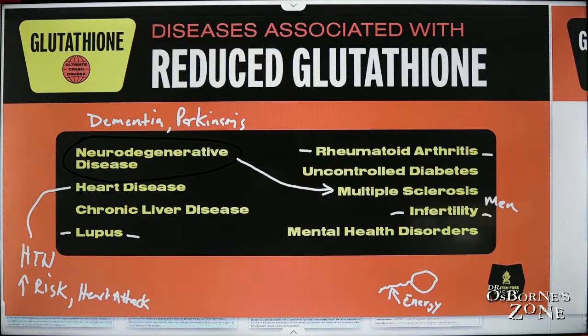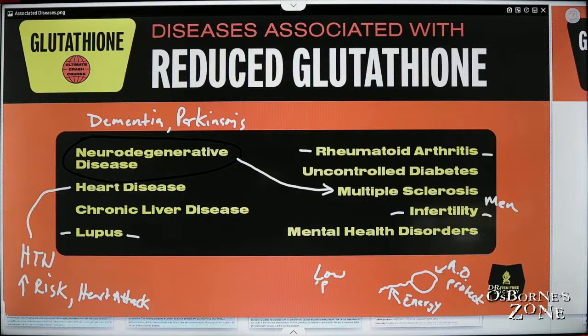The sperm also requires tremendous antioxidant protection while it's on its journey. And the main antioxidant that's helping to do this is glutathione. So a lot of times we'll see men with low glutathione will have low sperm quality, or sometimes what's called viability.